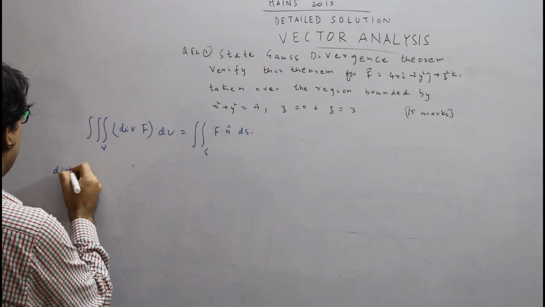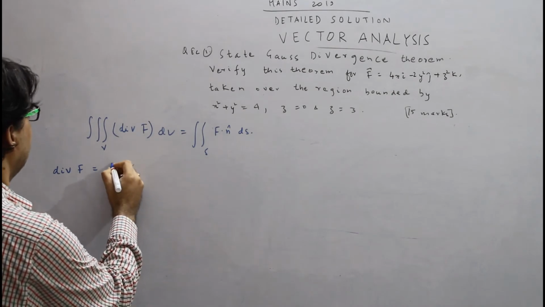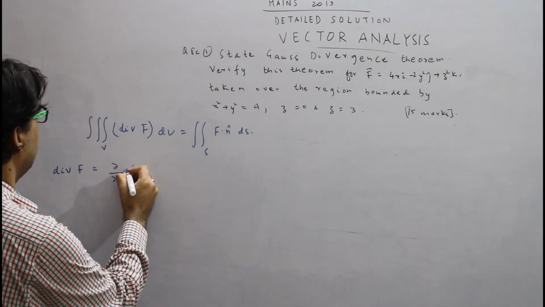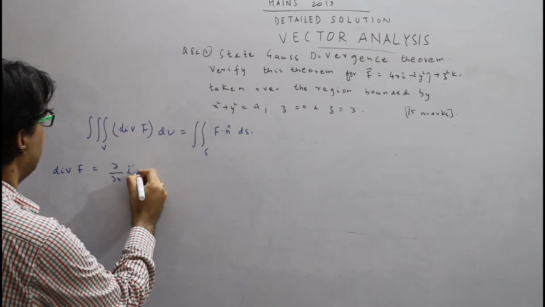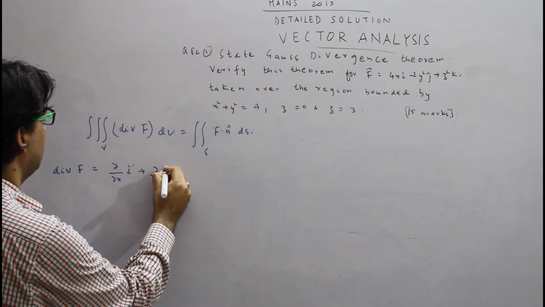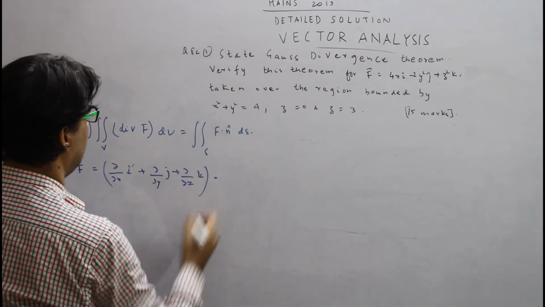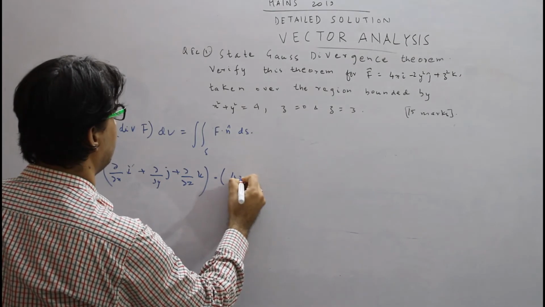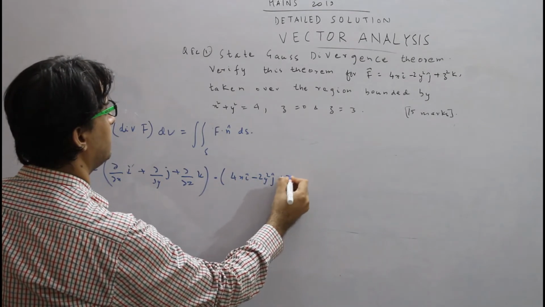Our divergence of F is del dot product with 4xi minus 2y square j plus z square k.